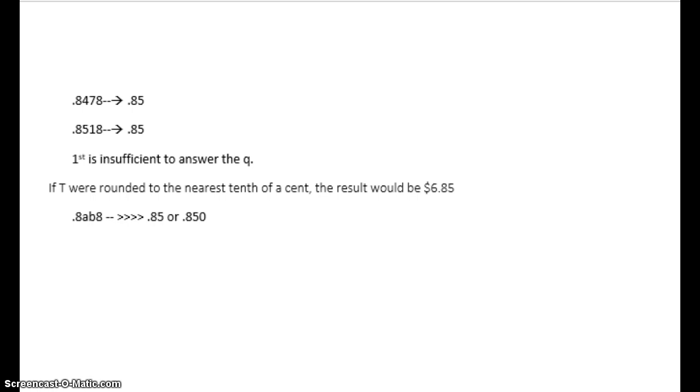Okay, now comes the tricky part. Let us try to find values of A and B for which 0.8AB8 can be rounded off to the nearest tenth of a cent to give us 0.85.